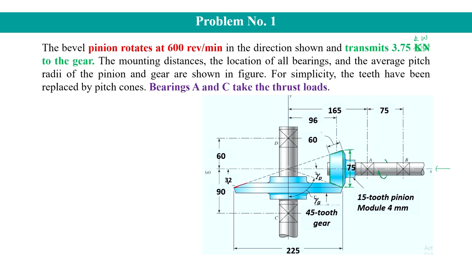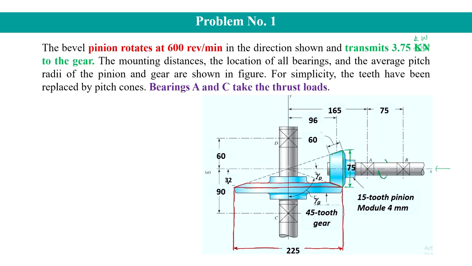This is the pitch cone of the gear, and so from its big end, this one will be the pitch diameter of the gear, and that is 225 mm.